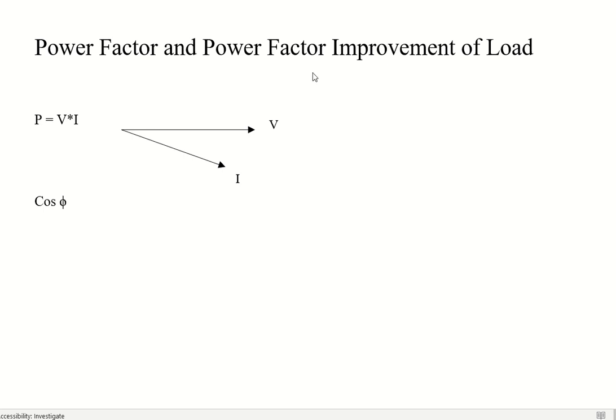So this cos phi is called power factor, right? And as you can see here, voltage is leading the current. Voltage is ahead of current here. How do you define if it is ahead or behind?